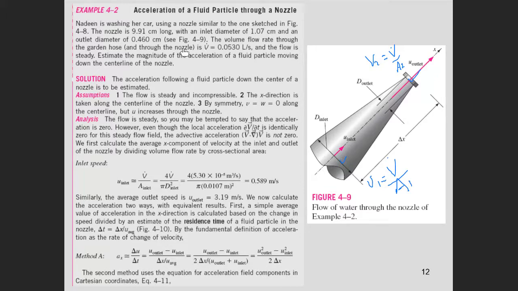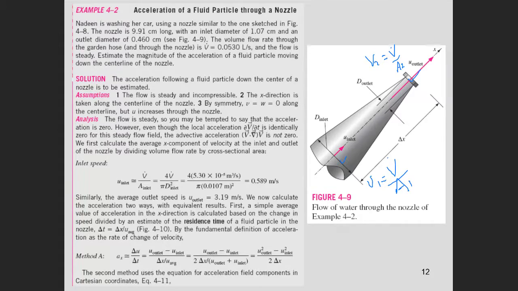And the acceleration will be delta U by delta T, right? Now, delta T you can replace by del X divided by U average.